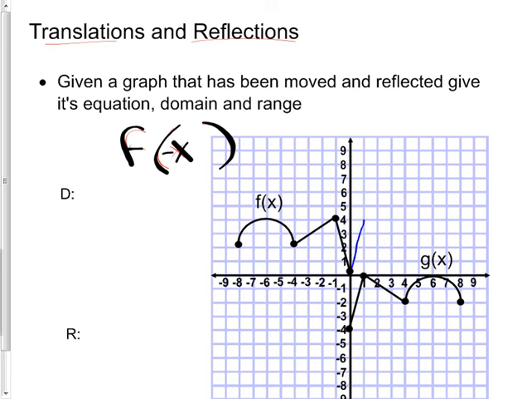And then you got your hat thing that goes out to the 8, so like that-ish. Do you get that that's the flip, the left-right flip? And then where is it going from there? Pretty much down. How much down? 4. So if I go down 4, how am I going to make that go down 4? On the outside or the inside? Did it move left or right? Nope. Once it got flipped, it didn't move left or right. It just moved straight down. Okay? Any other questions on that?